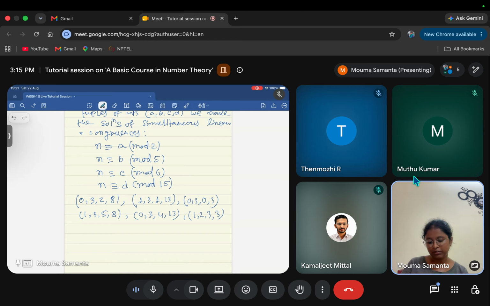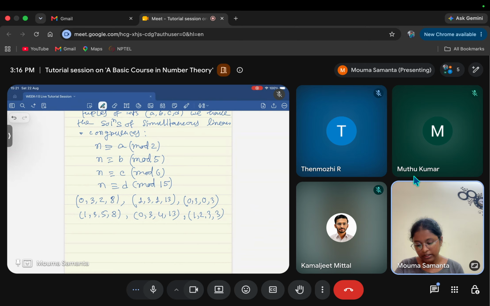Okay, so one thing you can check is, since the options are given, you can just put these answers in each of these linear congruences, and find whether these four linear congruences are satisfied by any of those tuples. For example, if you take the first option 0, 3, 2, 8, you are taking a equals 0, b equals 3, c equals 2 and d equals 8.